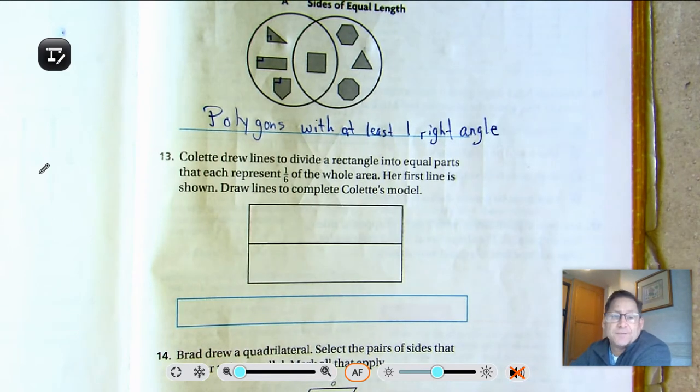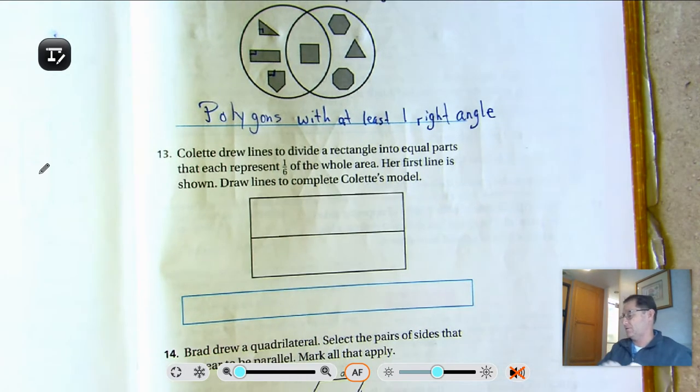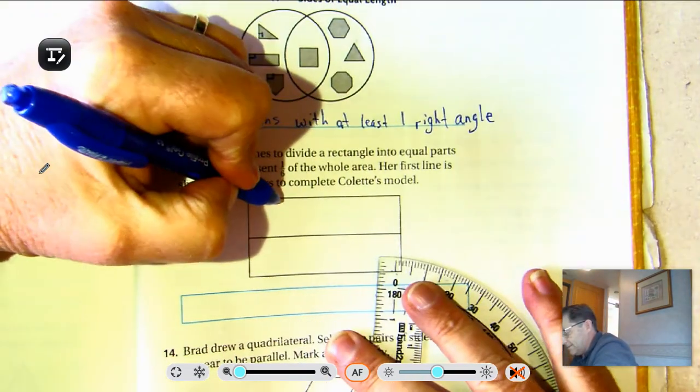Number 13, Colette drew lines to divide a rectangle into equal parts that each represent 1/6 of the whole area. Her first line is shown. Okay, so she's got two parts right now. We need to turn that 2 into a 6. So we can just draw 3 vertical lines.